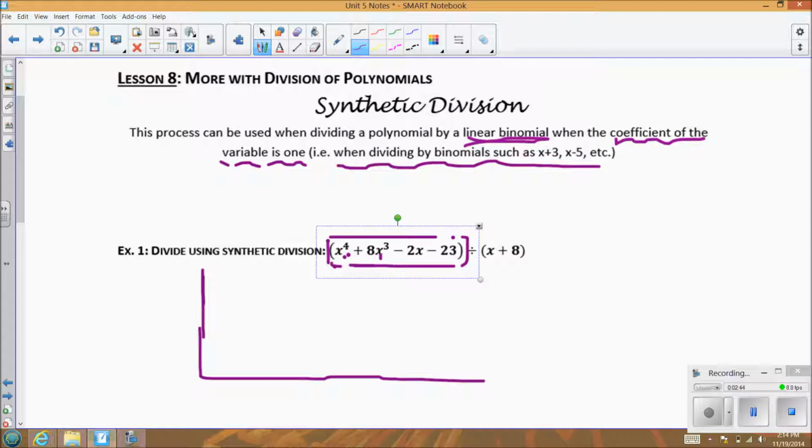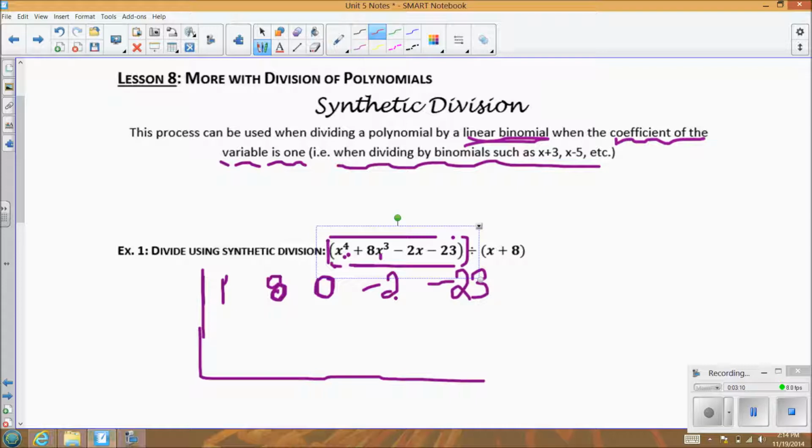So I look at my coefficients of x to the fourth, it's 1. Then I go to the coefficient of x to the third, which is 8. And again, that 0 is going to be my placeholder for the x squared, since there's no x squared in there. -2 is the coefficient for the x, and then -23 at the end.